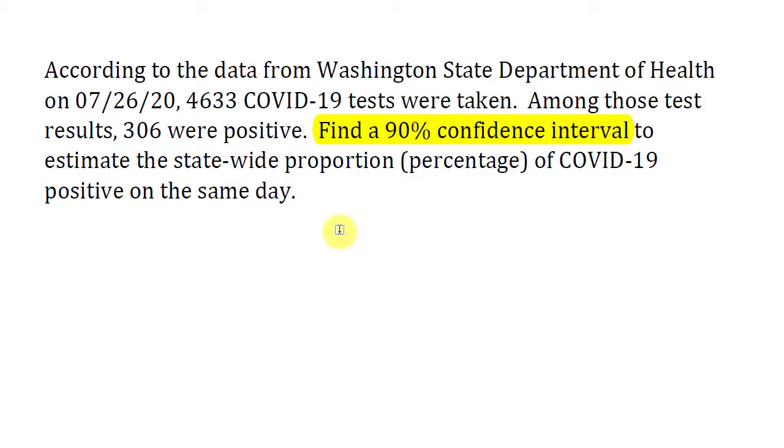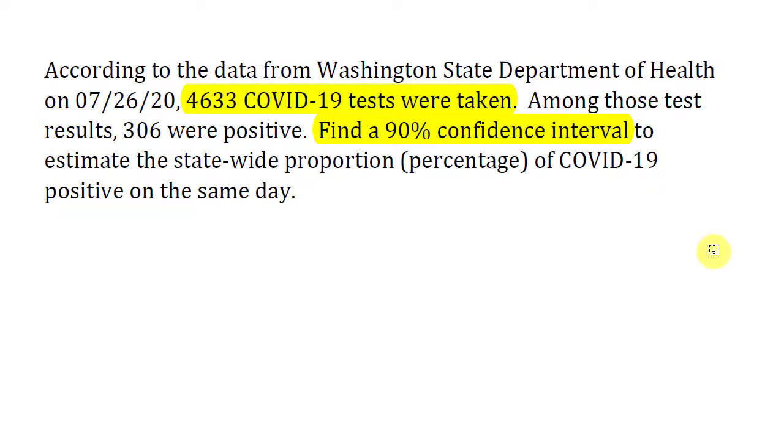I'm going to roll back to the beginning of our description of the problem. According to the data from Washington State Department of Health on July 26, 2020, 4,633 COVID-19 tests were taken. So this piece of information, we can regard as a sample.